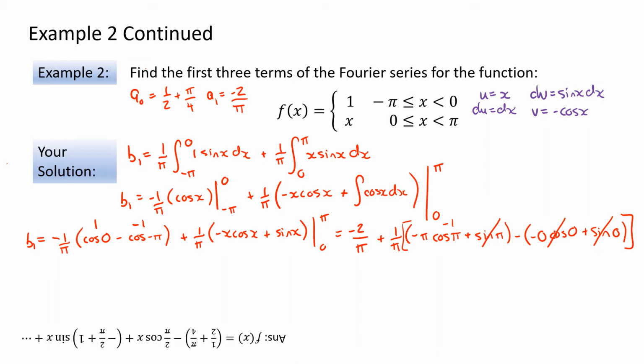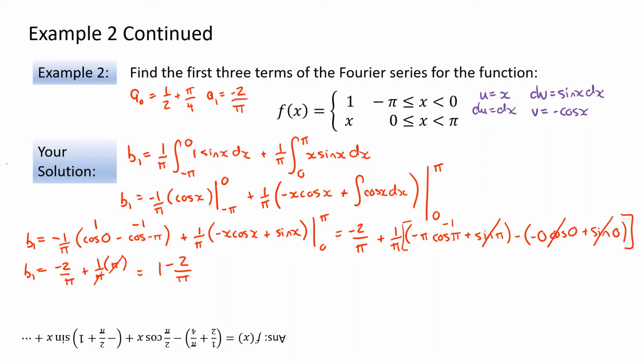So what we end up with here is b1 is equal to negative 2 over pi, and our second term is plus 1 over pi times, our last term, negative pi times negative 1. So we have 1 over pi times pi. The pi's here will cancel, and we're left with 1 minus the 2 over pi term. You can see in this non-continuous function, it's a little bit more interesting because a lot of the constants are no longer 0.